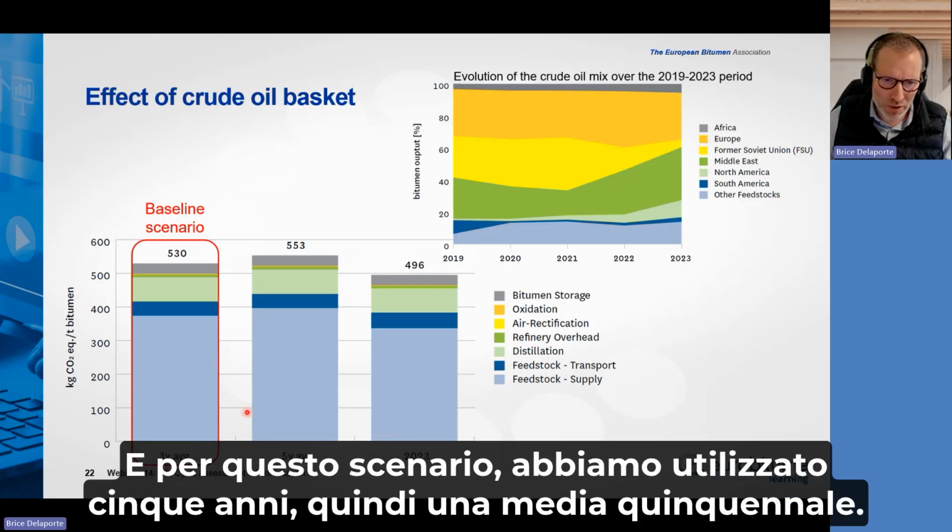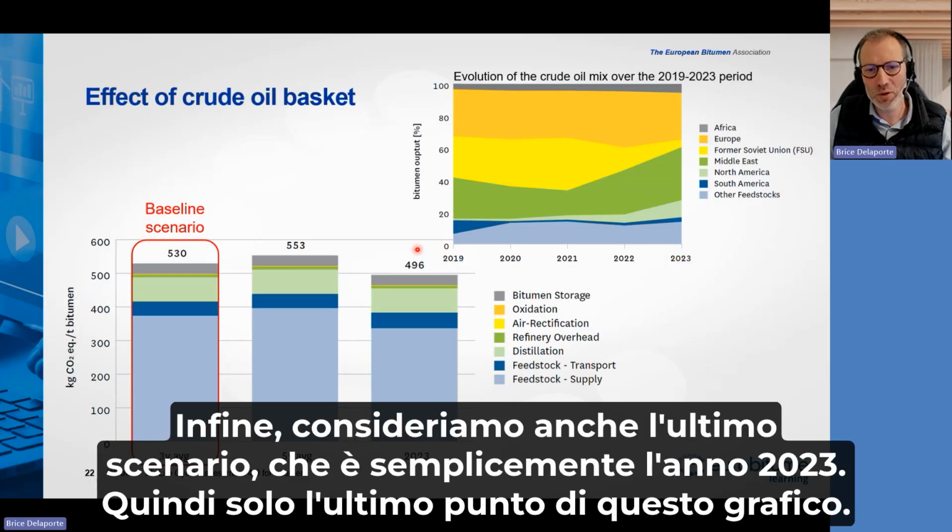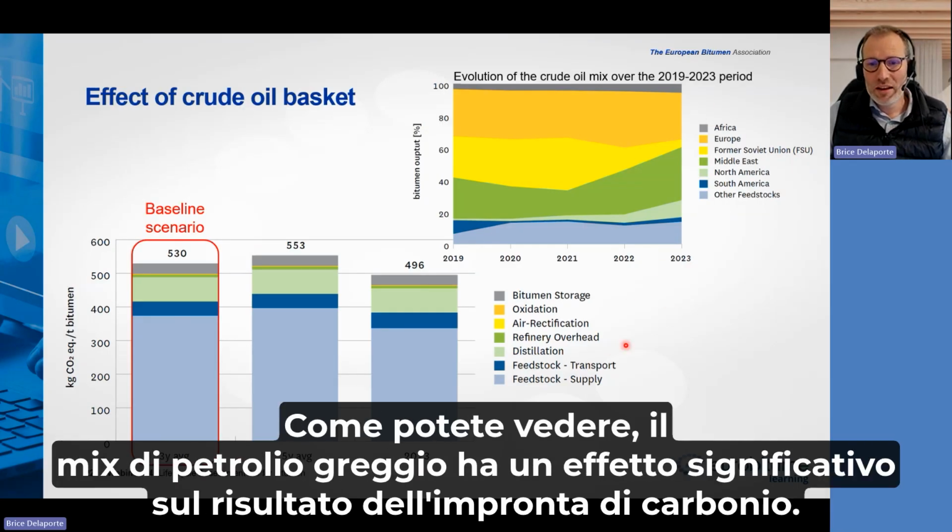And for this scenario, we used 5 years, so 5-year averaging. And we also consider the last scenario, which is basically the year 2023, so only the last point on this figure. As you can see, the crude oil mix has a significant effect on the result of the carbon footprint.